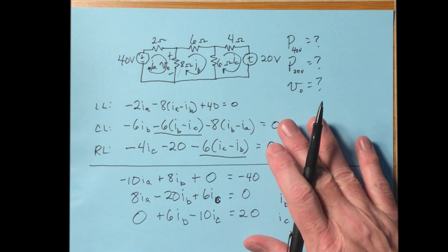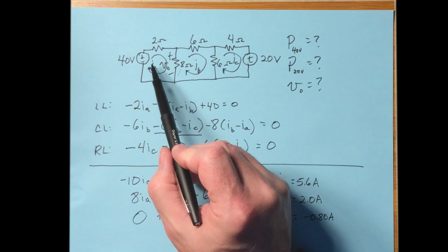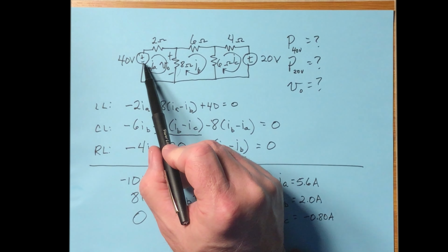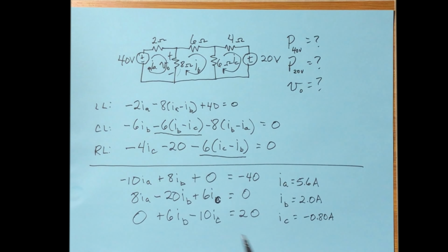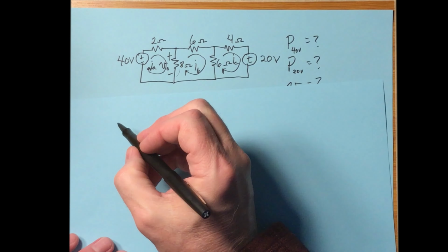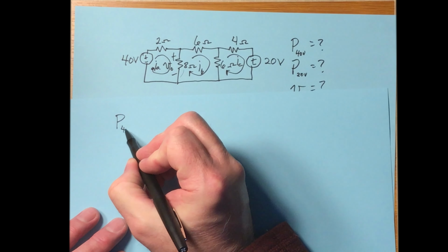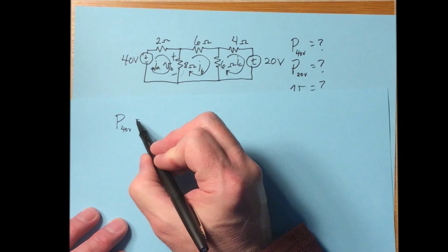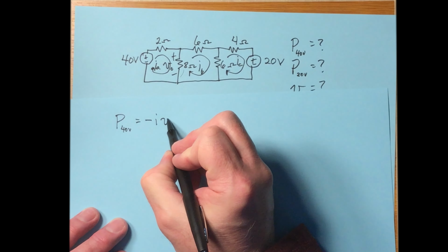By looking at the circuit here, I see the current is going into the negative terminal. So rather than writing P equals IV for the 40 volt source, I need to write P equals minus IV.